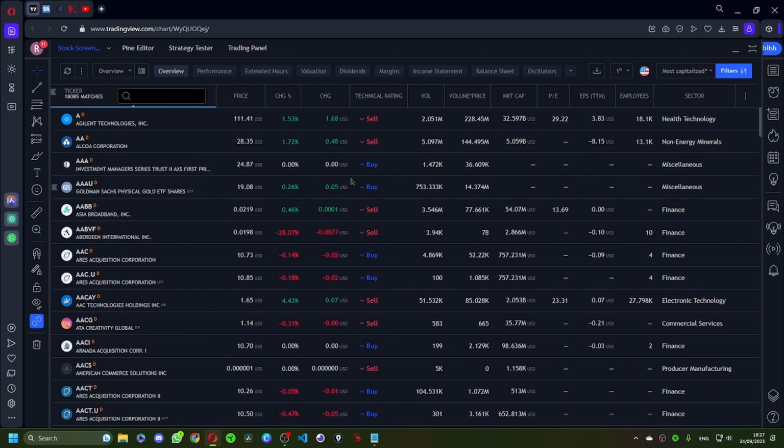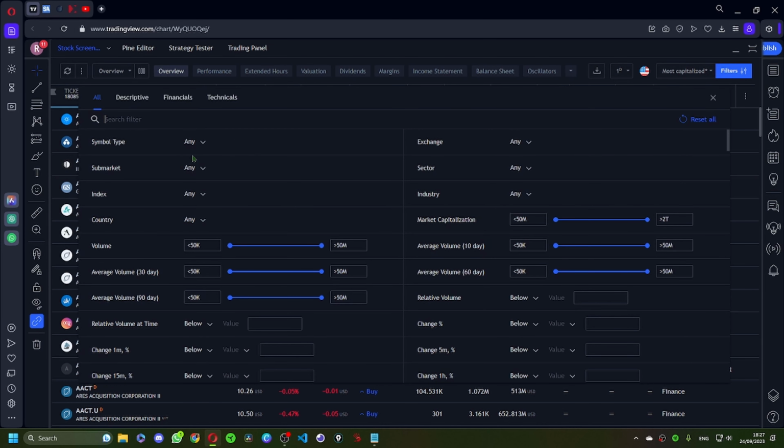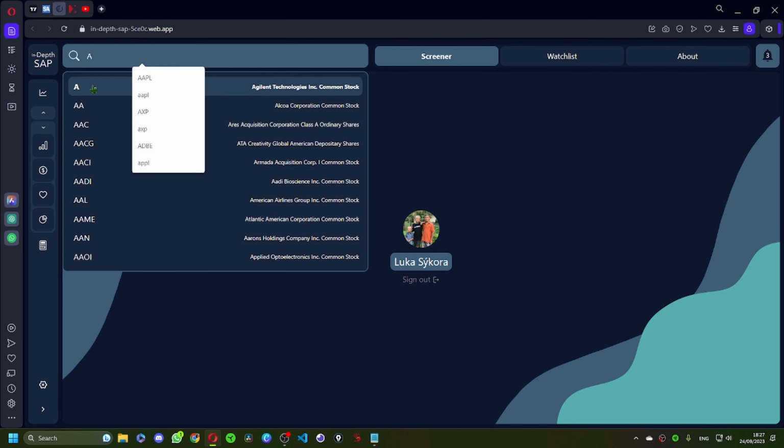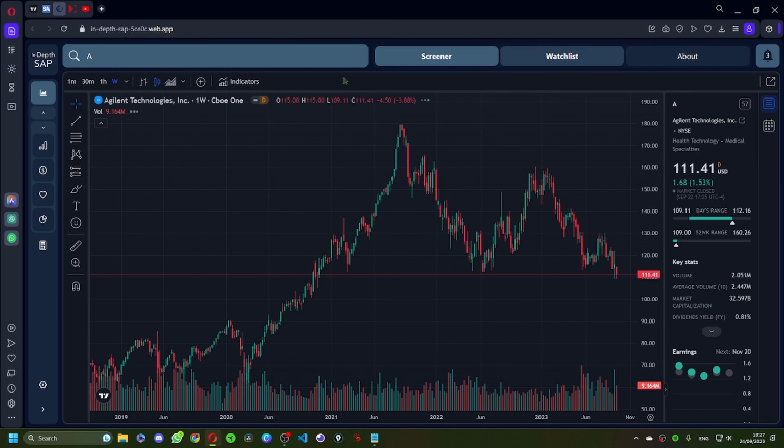And the third part is, once you find something that you like, for example, something that has a P/E below 10, then you can just copy the ticker and go into here. Agilent Technologies or whatever. Agilent Technologies, I don't know how to pronounce that, it's fine.